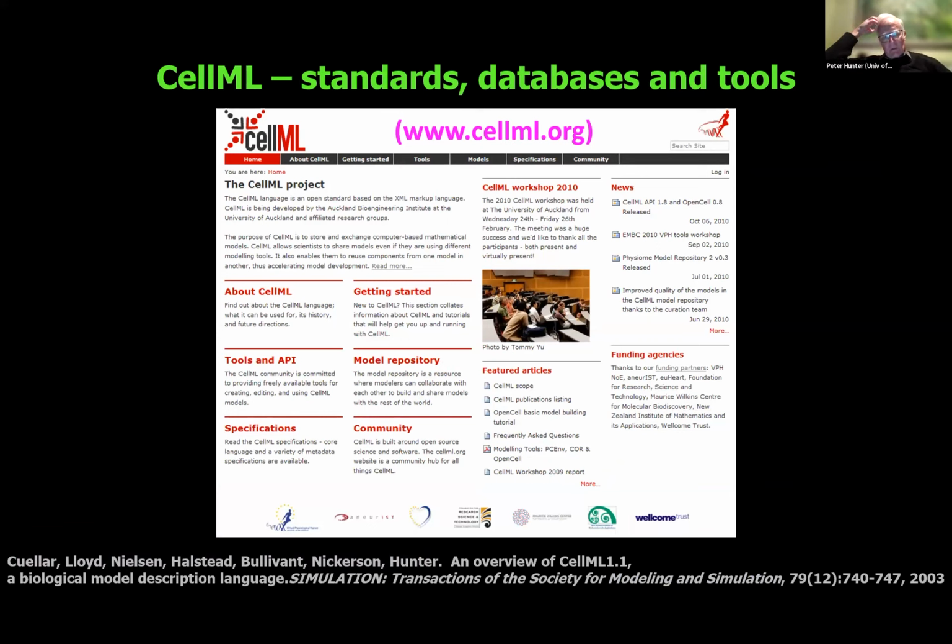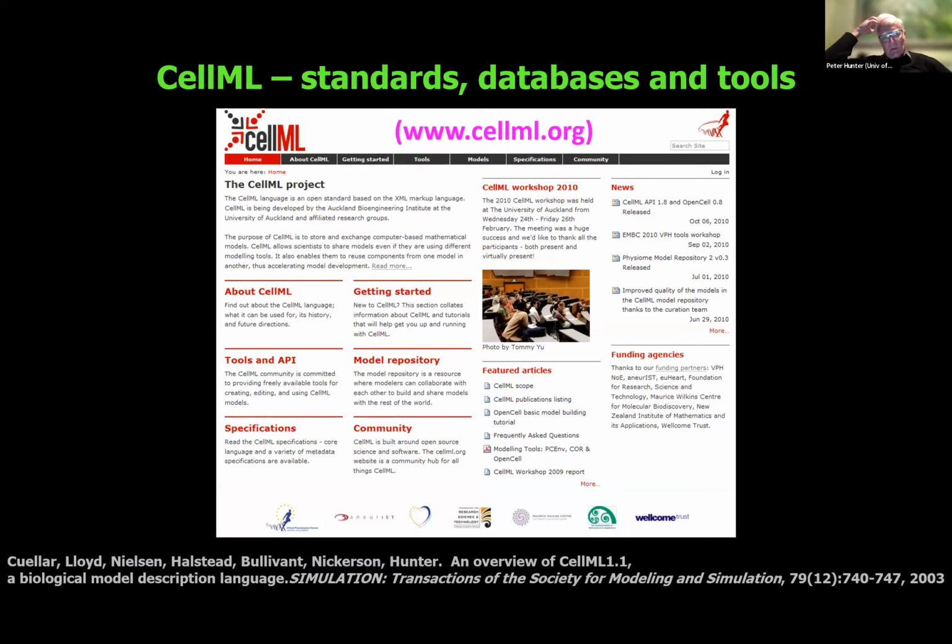Then we decided a few years ago that we needed to provide more incentive for people to put the effort in to make their models reproducible. So we developed the Physiome Journal, which we think of as a secondary journal. You publish your primary paper in a normal journal, but then you publish an associated paper where you put the extra effort in to make that model reproducible and obey FAIR principles.